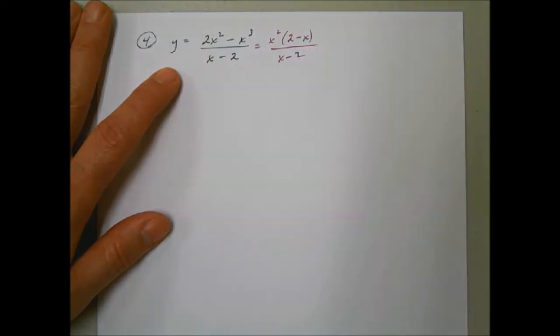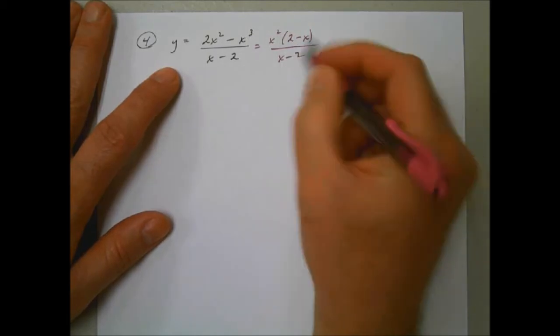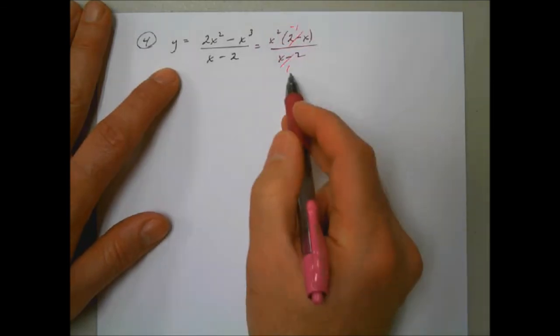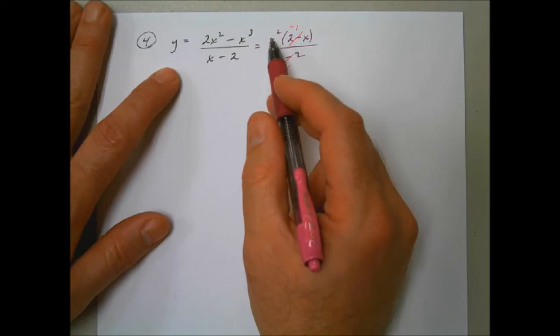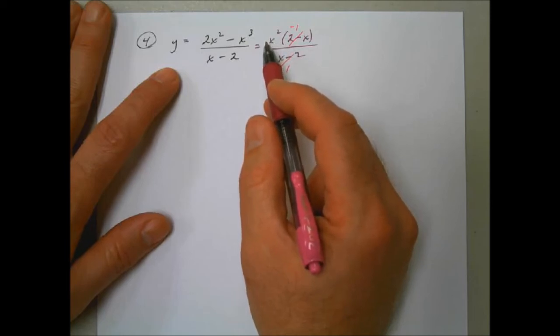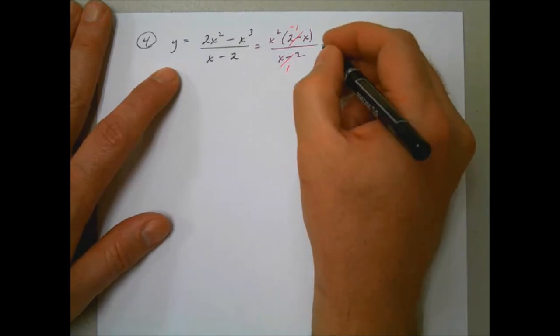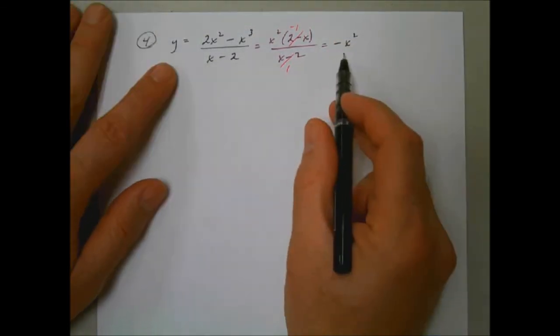Those are opposites, the 2 minus x and the x minus 2, so one of them's a 1 and the other is a negative 1. We could have factored out a negative x squared instead, but this works too.